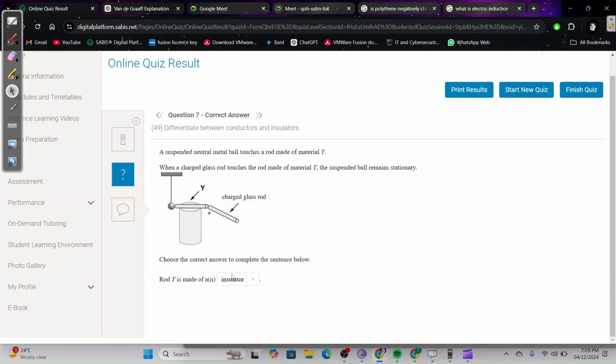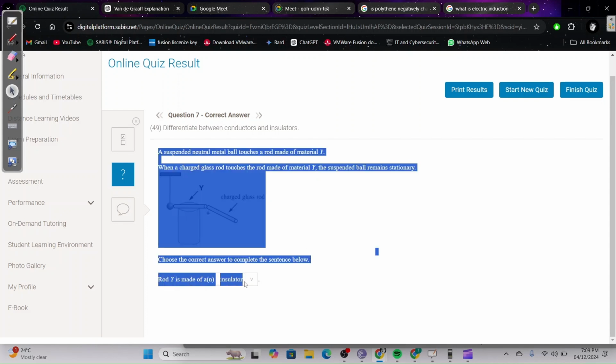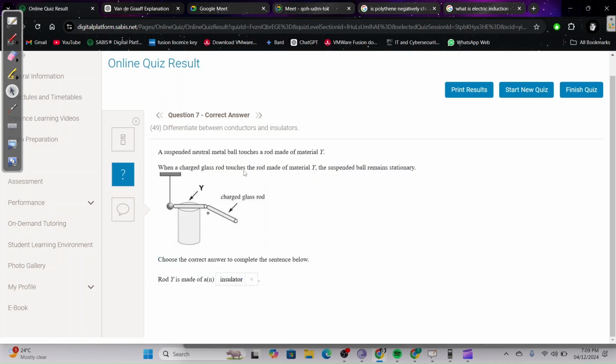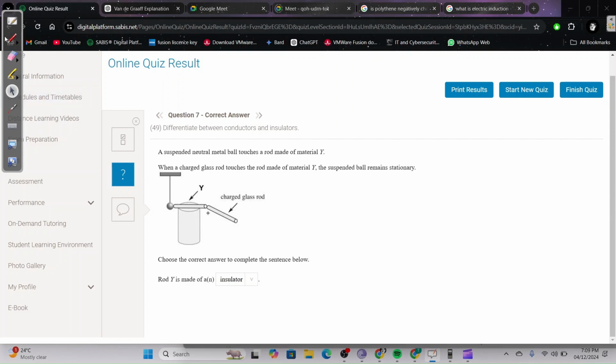Okay, question 7. When a charged glass rod touches the rod made of material Y, the suspended ball remains stationary. Rod Y is made of an insulator, obviously, because the charges aren't flowing through. You'll see it in a later question, I think in the question 20s, something like that. If the charges here aren't going to go through, they're not going to cause any attraction or repulsion force on the ball, right? And keep in mind, this is neutral.